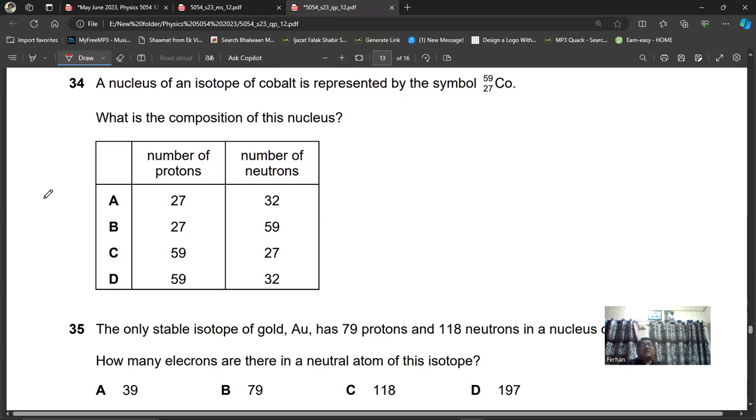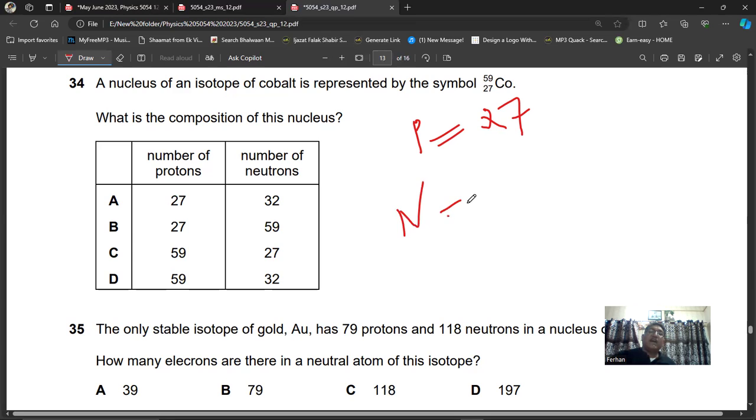Question number 34. The nucleus of an isotope of cobalt is represented by the symbol cobalt 59, 27. What is the composition of the nucleus? You see, how many protons does it have? The protons are 27. So there are basically 27 protons. And how many neutrons are there?